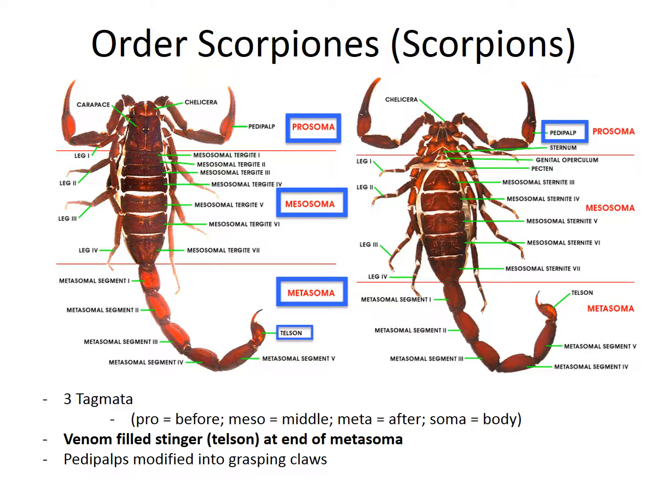The last character that is characteristic of this group, but is also characteristic of a few others, is that the pair of pedipalps, that pair of non-walking legs that is present in all arachnids, are modified into grasping claws. And these are the claws on a scorpion that you'd normally think of. In truth, that's their pedipalps.